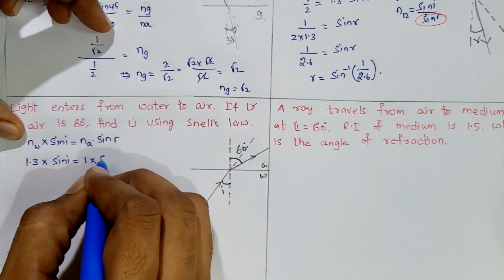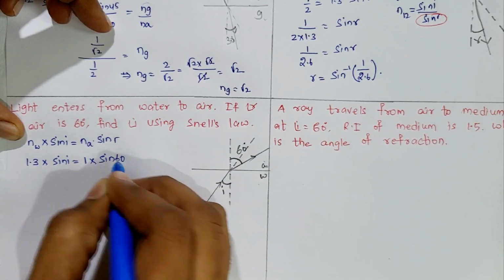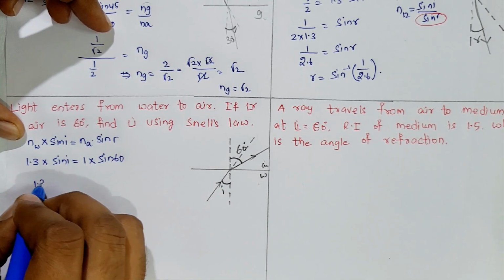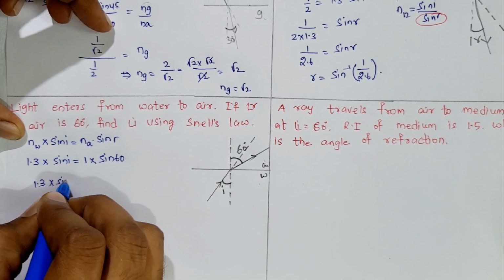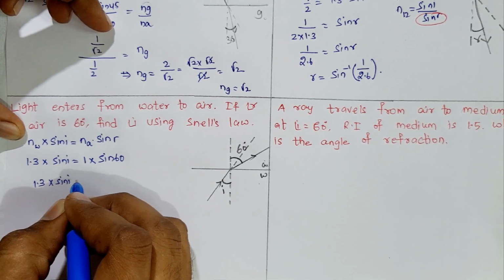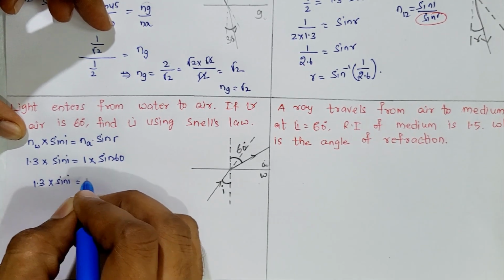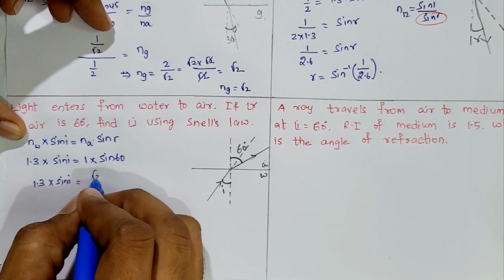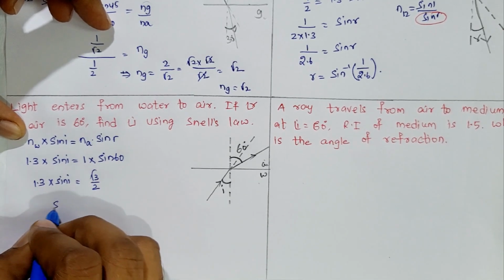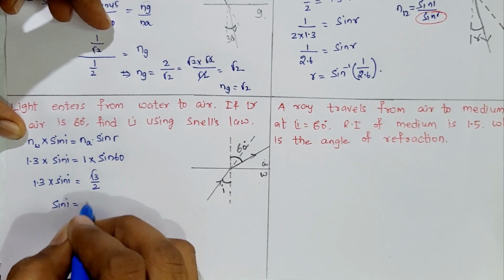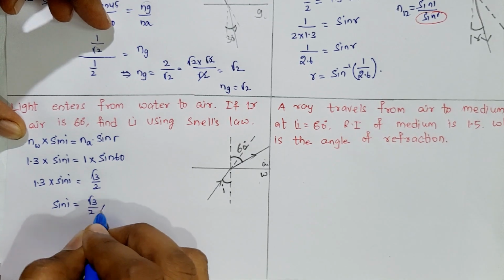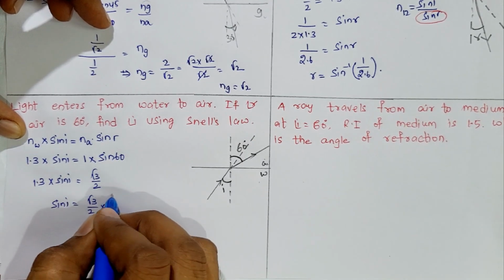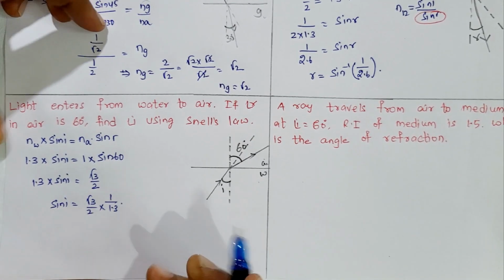What is the angle of refraction? Sine 60. What is the sine 60 value? Sine 60 value is root 3 by 2. 1.3 into sine I is equal to 1 into sine 60, which is root 3 by 2. So sine I is equal to root 3 by 2. 1.3 comes this side, it becomes 1 divided by 1.3.